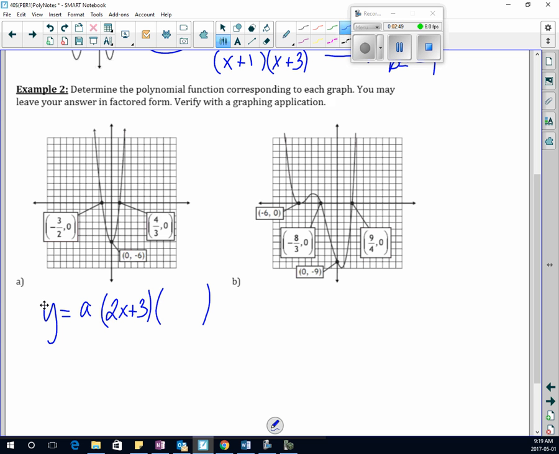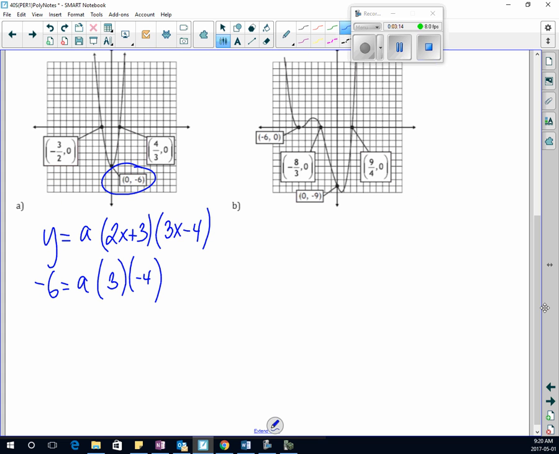What about 4/3? What about 4/3? 3x minus 4. Okay, now we have to use this as our points. So -6 equals a times 8, 3, -4.